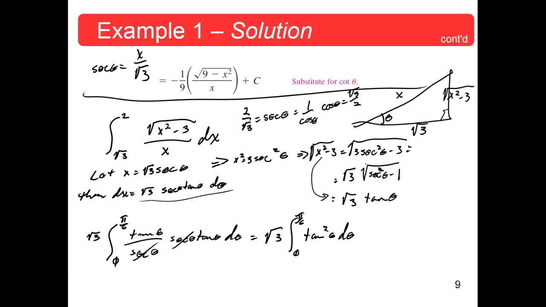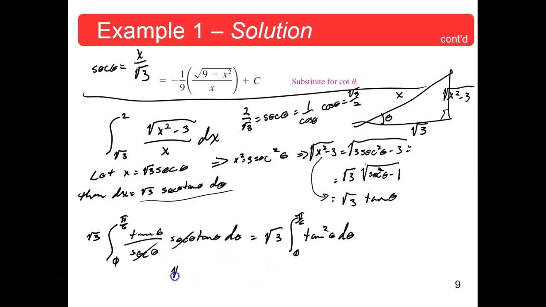Anyone remember what we do with that? If nothing else, think of the Pythagorean identity. What would that be? Secant squared minus 1. Let's see if that helps any.